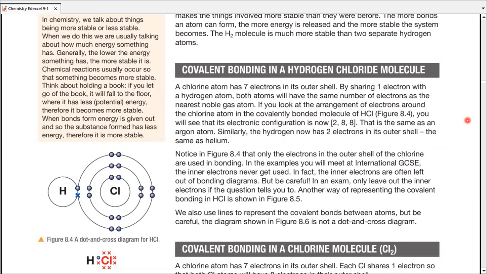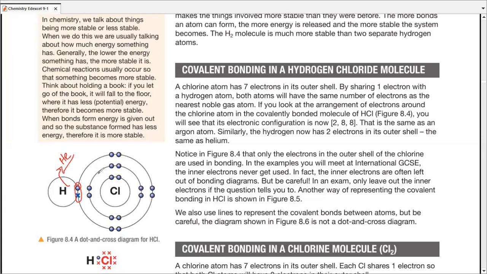What about chlorine? It also shares 1 electron. Just like you answered me that hydrogen wants to have 2 electrons in its outermost shell, so it shared one, and hydrogen now has the configuration of helium, the nearest noble gas.